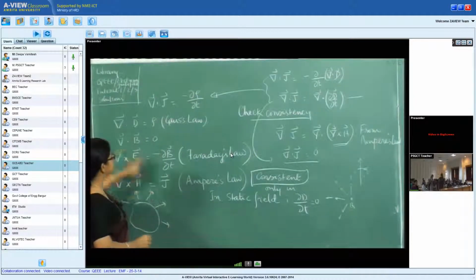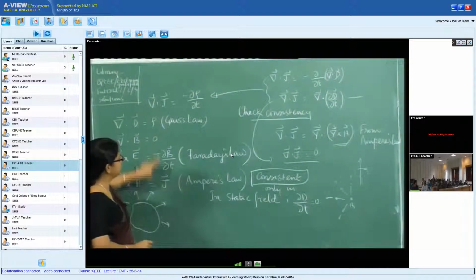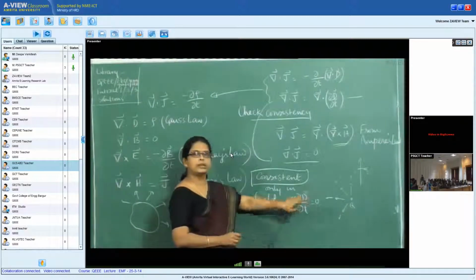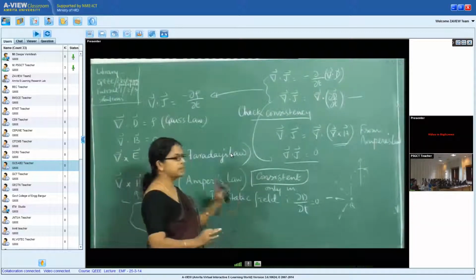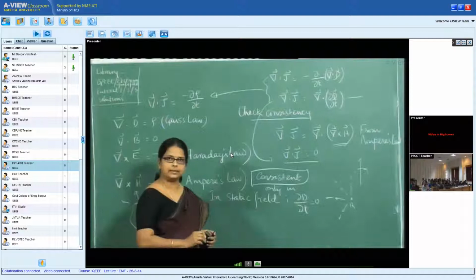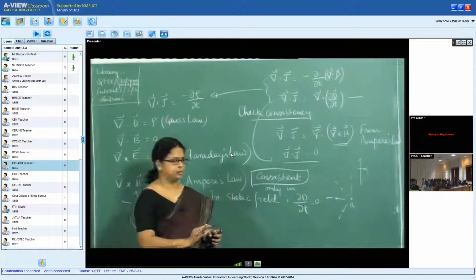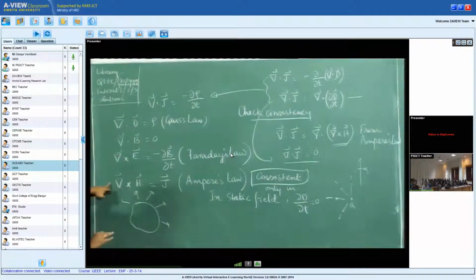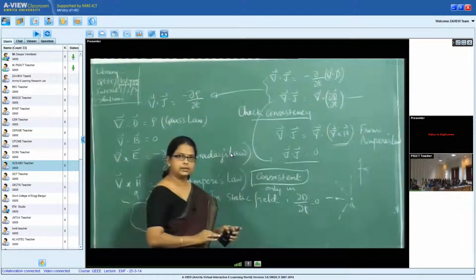Ampere's law matches with equation of continuity only when there is no time dependence for the electric field, which means it matches only in the electrostatic case. That is the result now. Ampere's law and equation of continuity will match only in electrostatics.